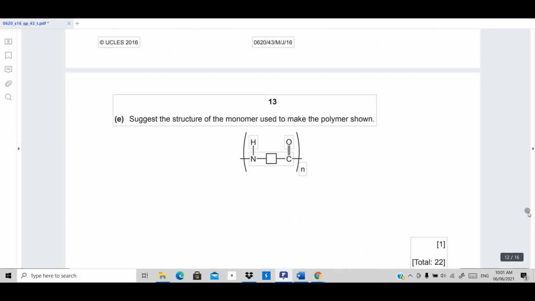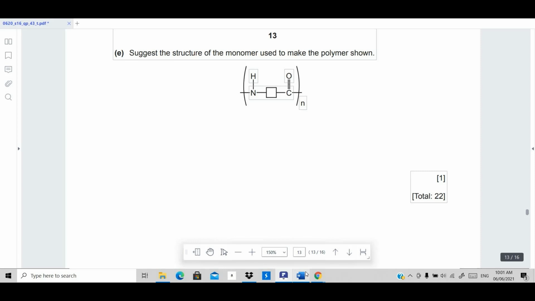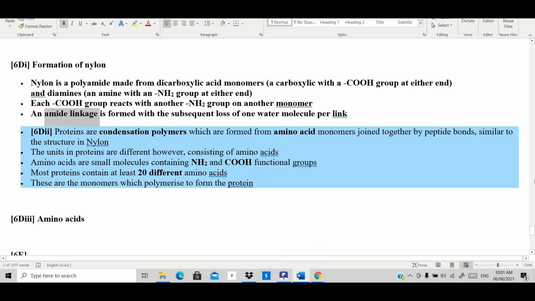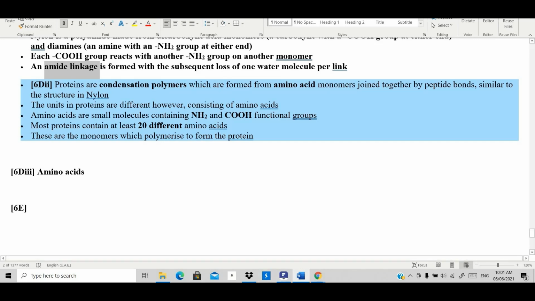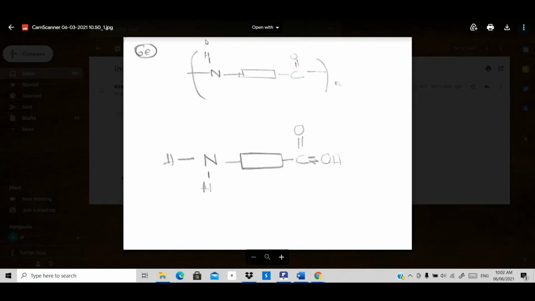Here is the selection of the monomer used to make the polymer, from the structure I will show you. Give me a second, guys. I will not be able to draw properly in the PDF file or Word document because I need to draw by hand.